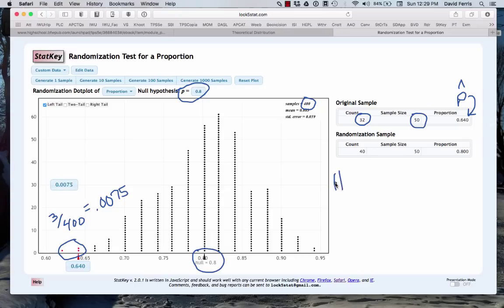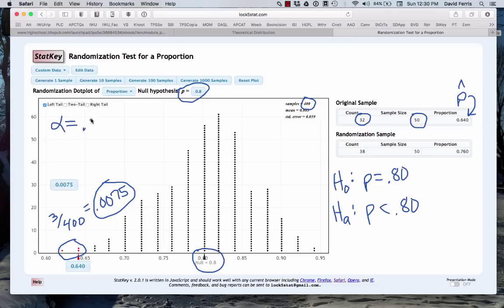So if we were doing a hypothesis test, our null hypothesis would have been that the true percent of hit free throws is 80. The alternative, typically we would believe that he's going to hit less if he's not telling the truth. These would have been our hypotheses. And then you might remember, based on the low p-value, and what does low mean? Well, we'd have to set an alpha level.